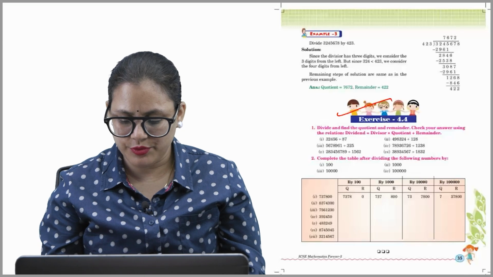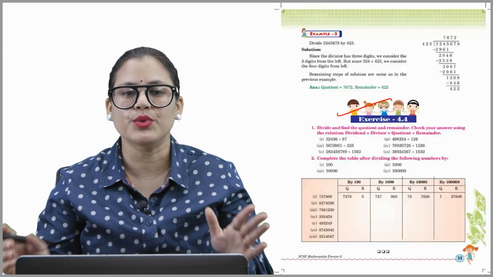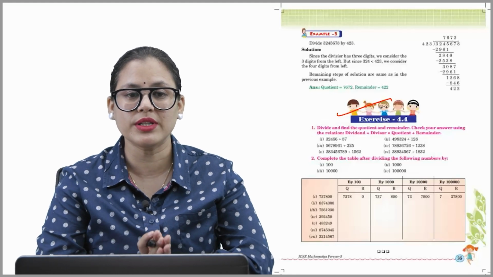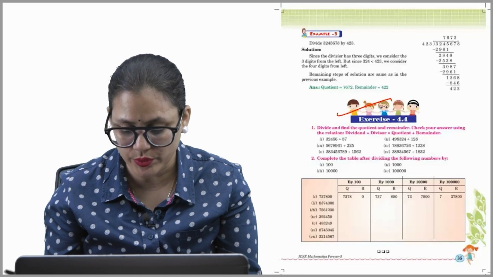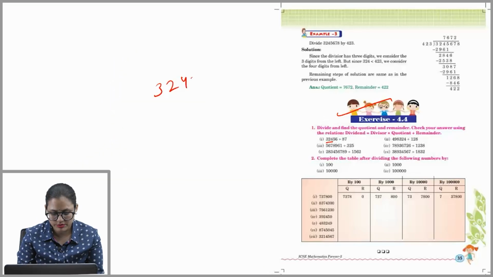Exercise 4.4, divide and find the quotient and remainder. Check your answer using the relationship: dividend is equal to divisor into quotient plus remainder. Okay, students, in this question what you have to do? You have to do the division. You will divide this number, 32,456, by 87.